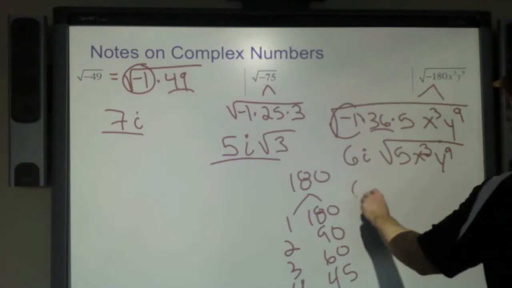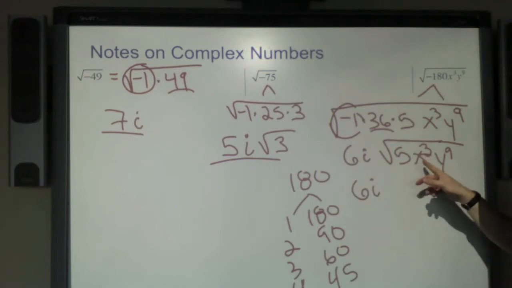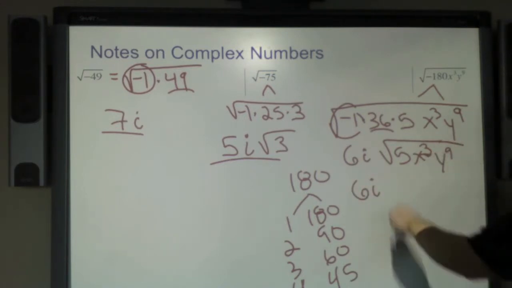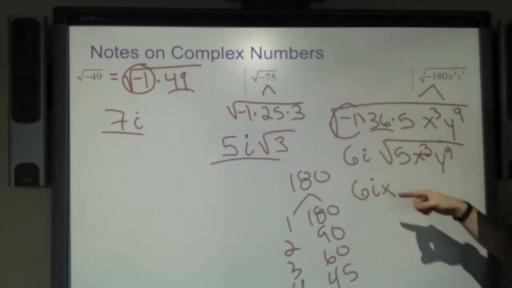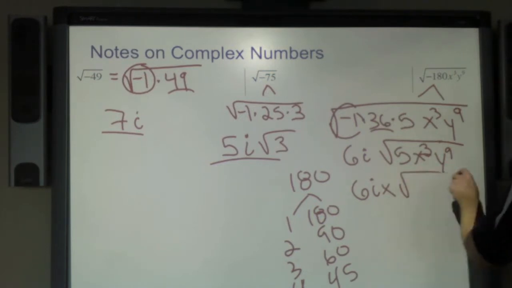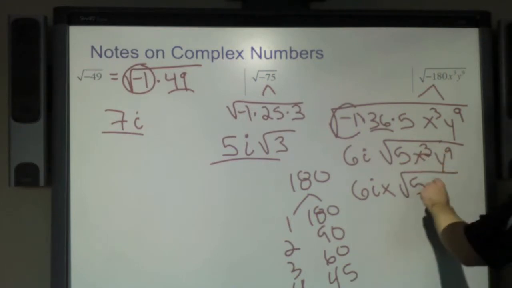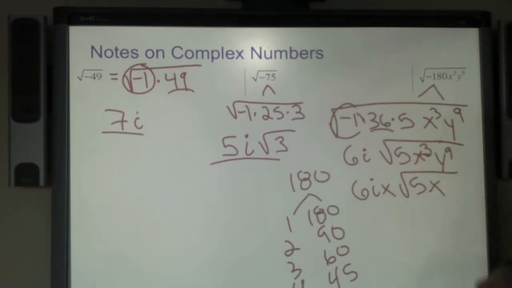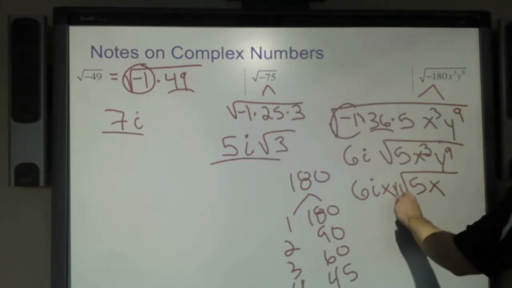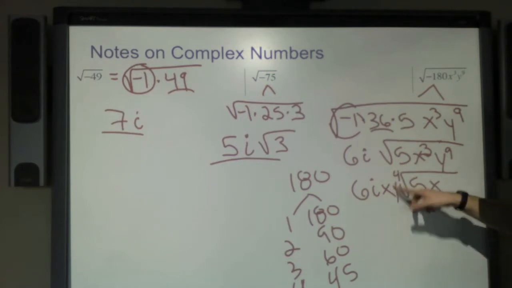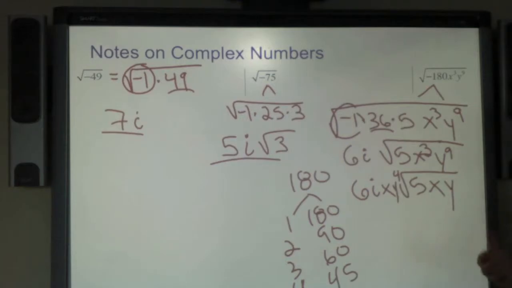So what happens is 2 goes into 3 one time. So there's 1 x on the outside. But it doesn't go in evenly. There's 1 left over. So 1 x stays in. Y to the 9th. 2 goes into 9 4 times. So 4 y's come out. And 1 y is left.